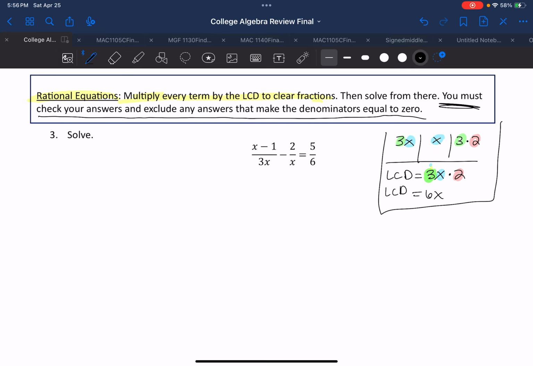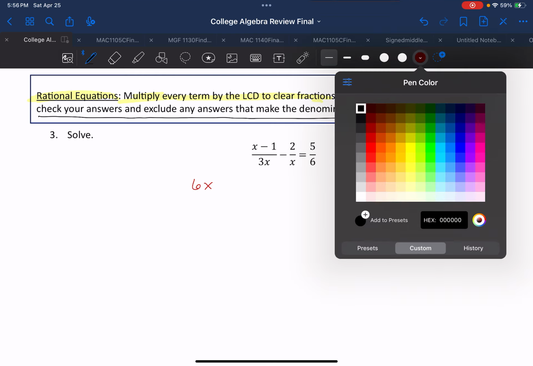So that's what I'm going to multiply every term by to clear my fractions.